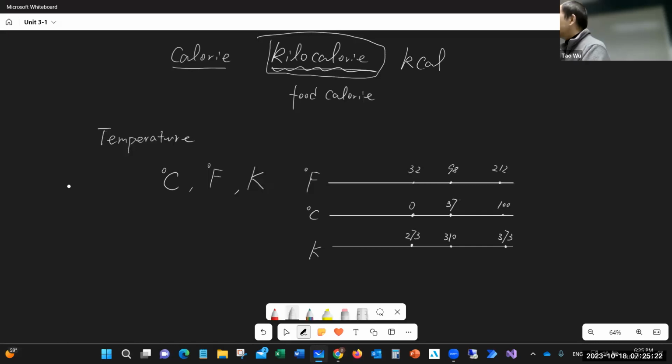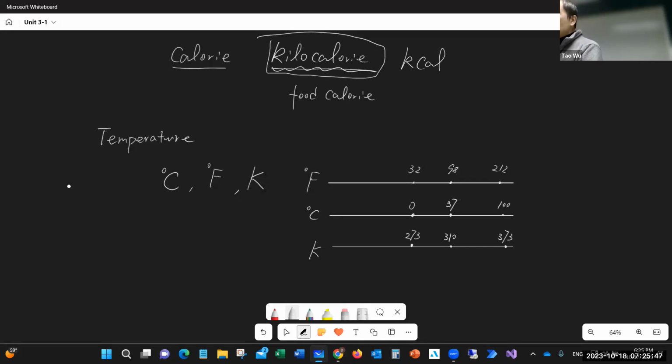So this is Kelvin. You can see the only difference between Celsius and Kelvin is 273, okay? So a Celsius number, you add 273, then you get Kelvin. This is the conversion.